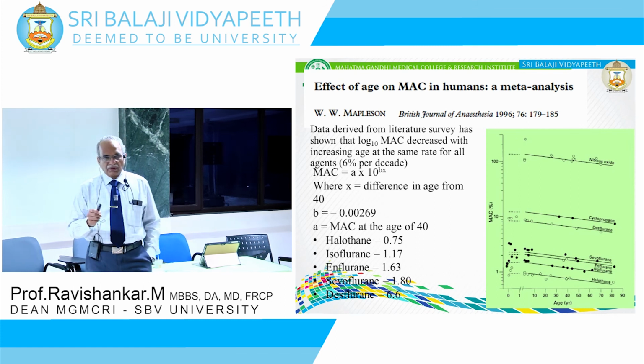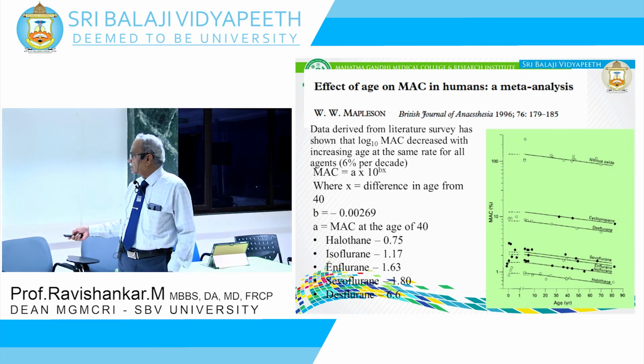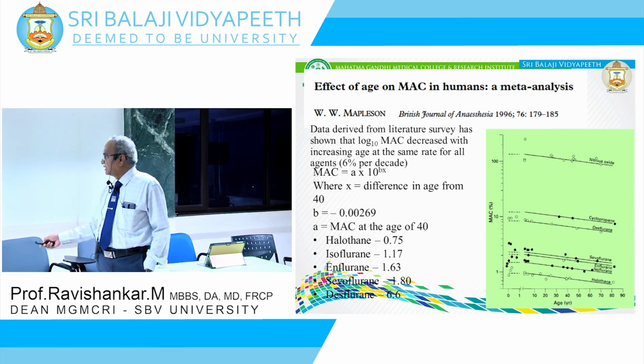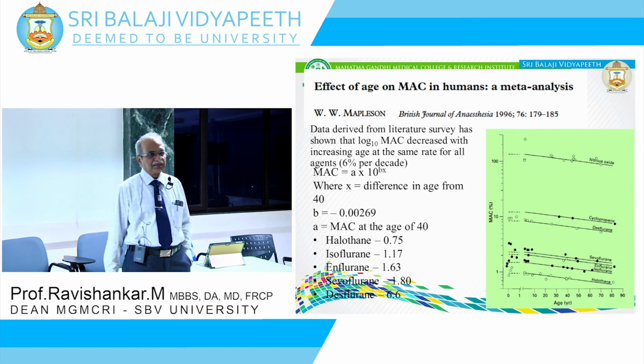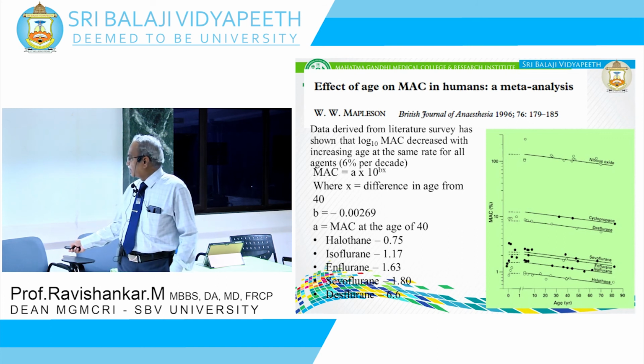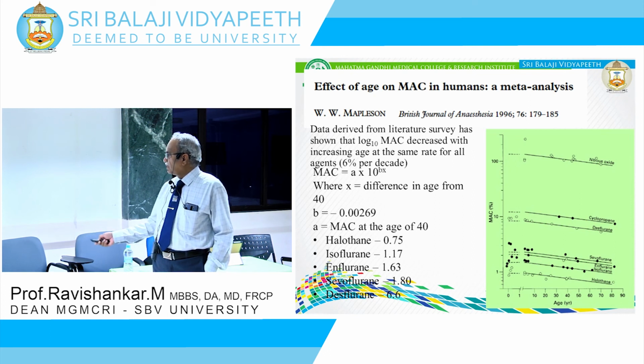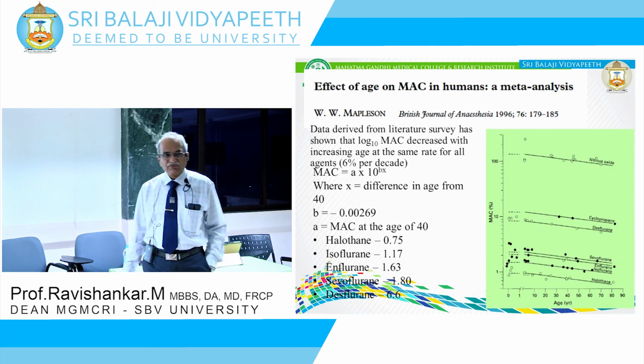As the age goes up, the MAC at the age of 40 for halothane is 0.75, isoflurane is 1.17, sevoflurane is 1.8, and desflurane is 6.6. These are the values taken at the age of 40, and they have computed and shown how much the reduction is as the age goes up, and that is the formula they have arrived at.